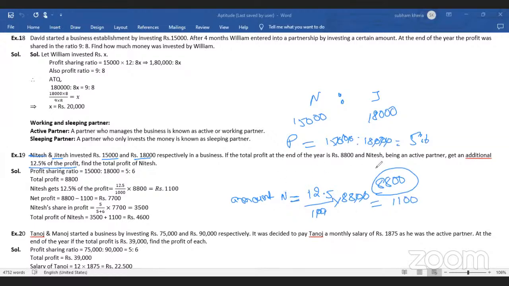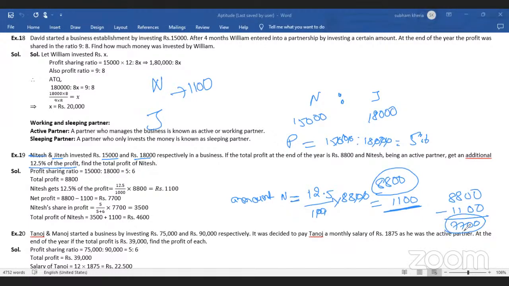So out of this 8,800, first 1,100 goes to Nitesh's account. How much is remaining now? 8,800 minus 1,100, 7,700. This is the new profit remaining.